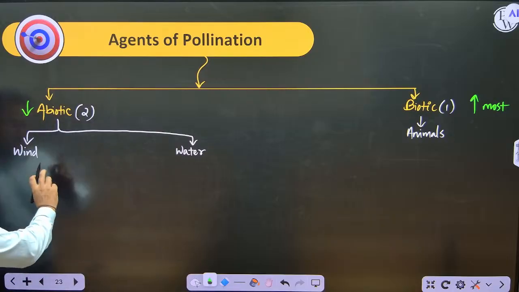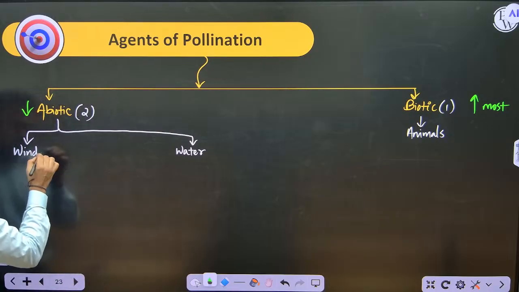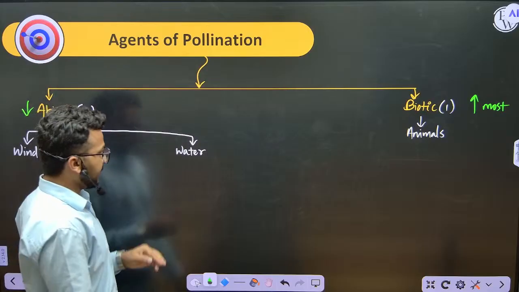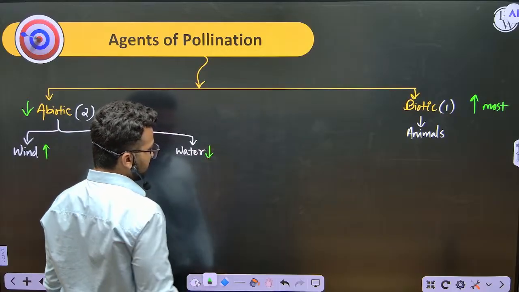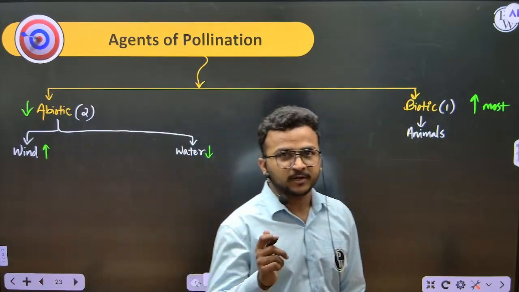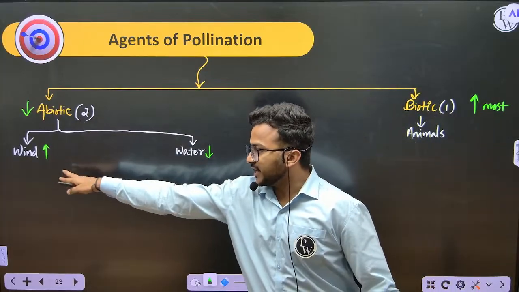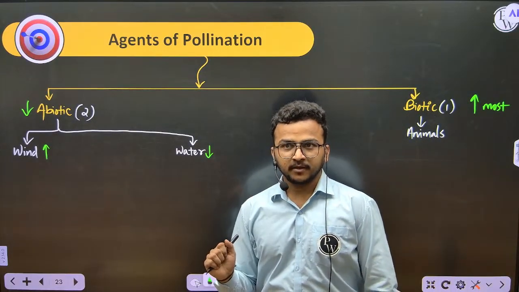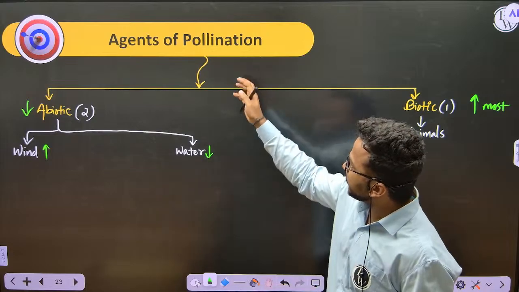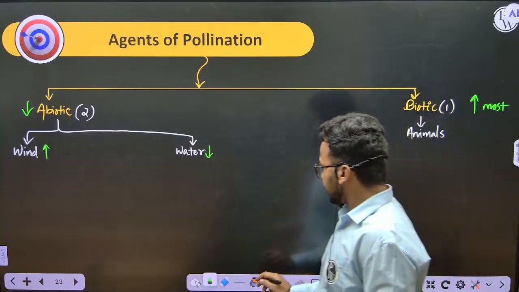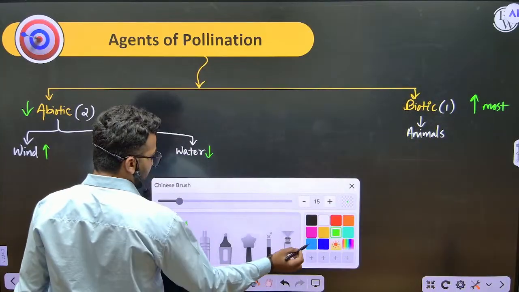And even in abiotic, wind pollinated flowers are high. Compared to that, water pollinated flowers are less among the abiotic wind and water ways. So now we know that the agents of pollination are of two types mainly: abiotic and biotic.